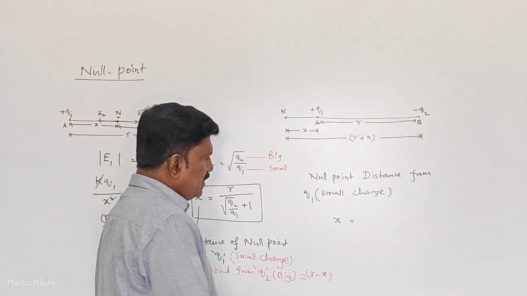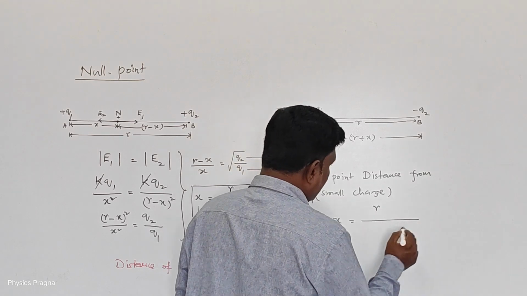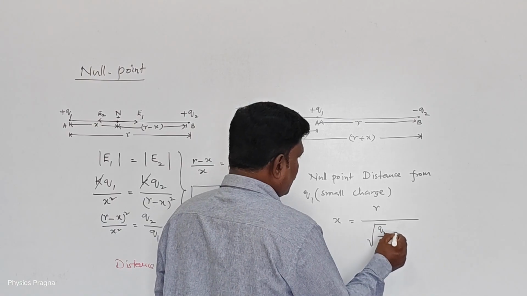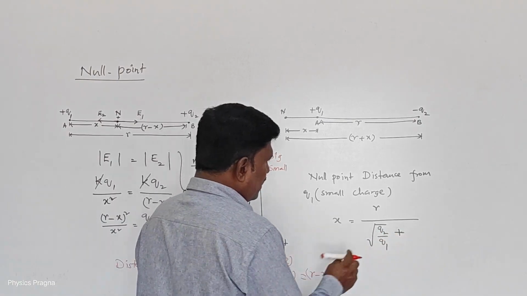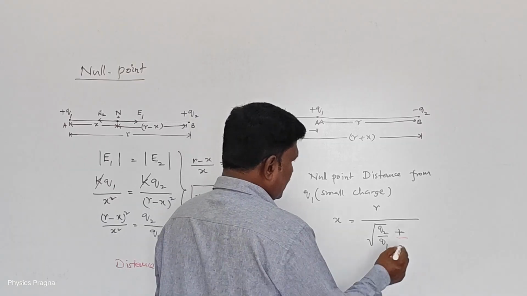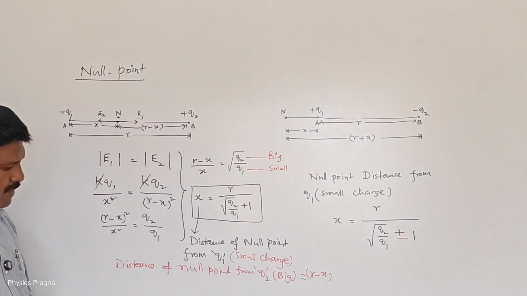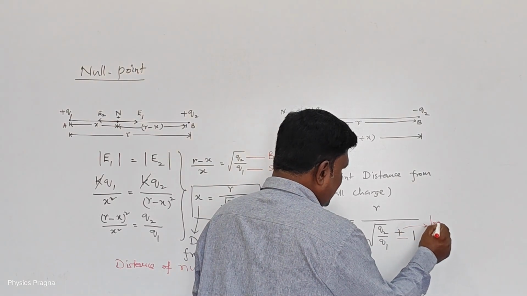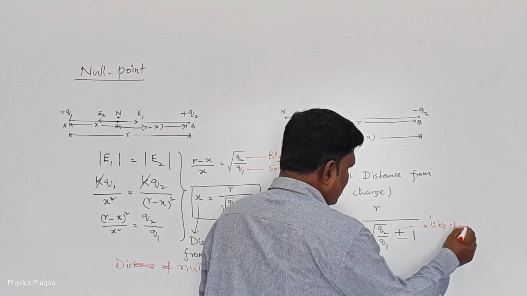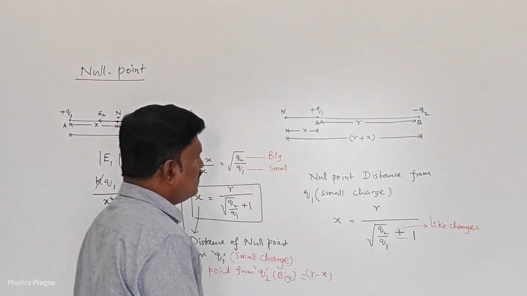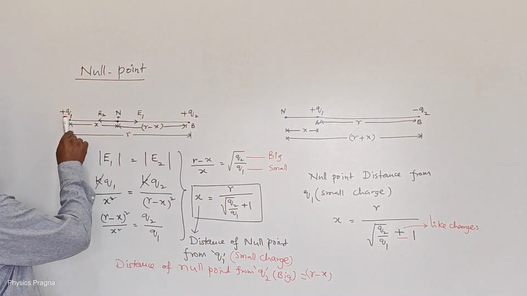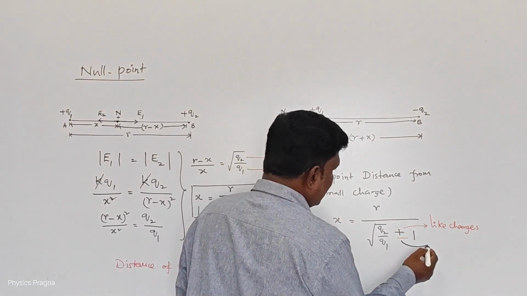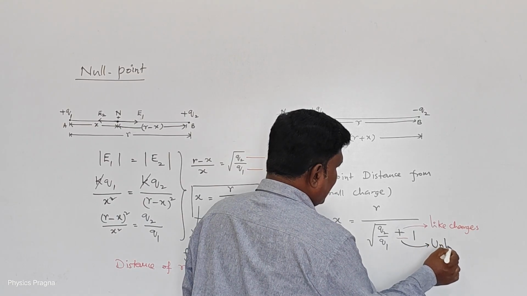X is equal to R by root of Q2 by Q1 plus or minus 1. So you remember, if plus is there, these are like charges, plus here, here also plus. A minus you ask in the case of unlike charges.